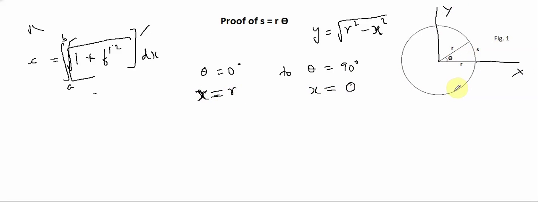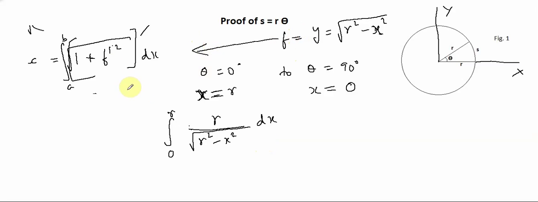Now our integral will be from r to 0, square root of 1 plus f dash square and so on. Again the integrand will be the same, r divided by square root of r square minus x square, dx. You take the derivative of this function, put it over here, and you will get this.